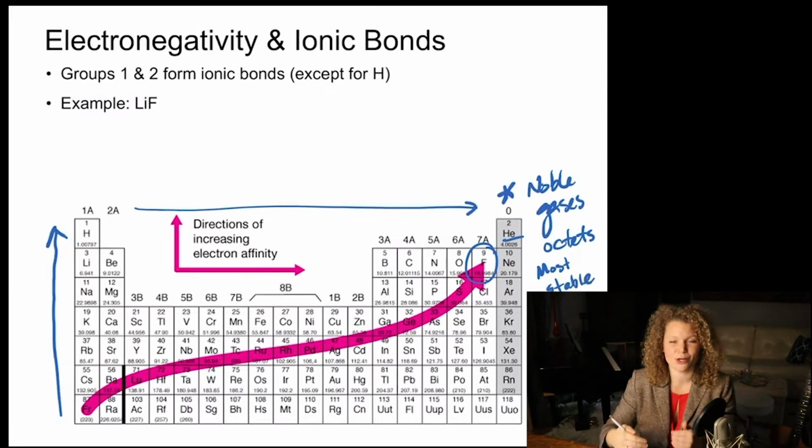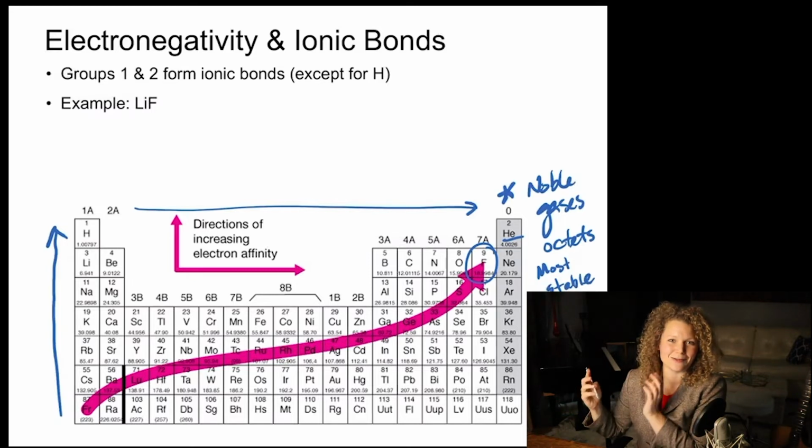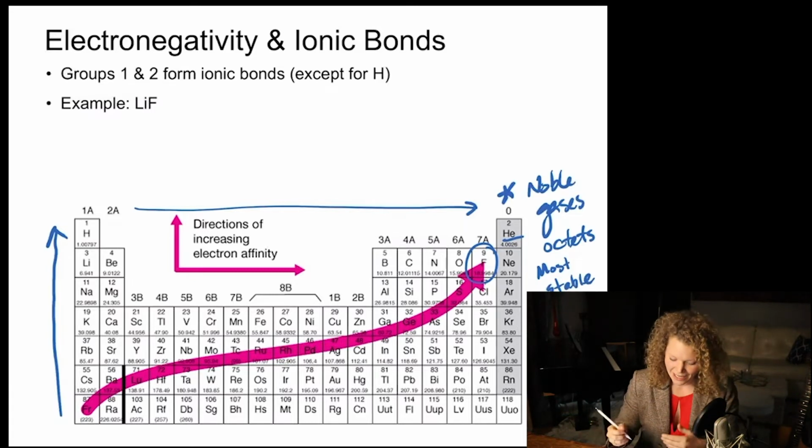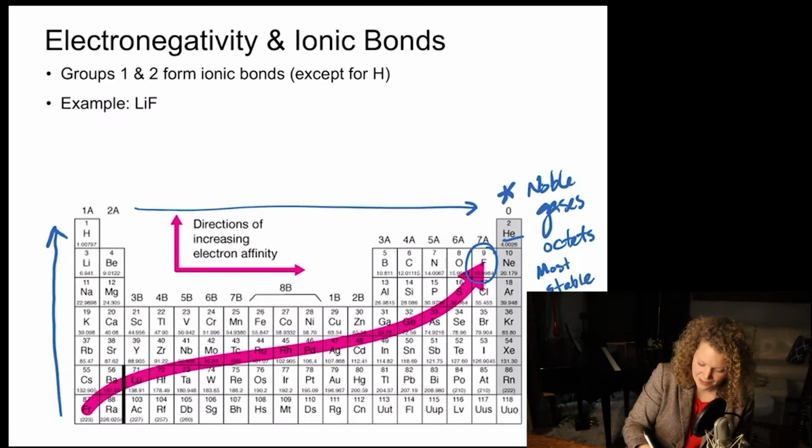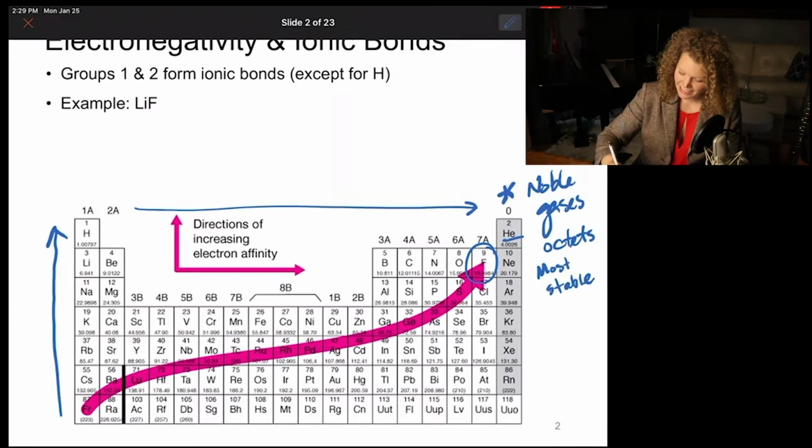The reason this trend exists is because all of the atoms are kind of trying to get to be like the noble gases. So if we take, for example, lithium fluoride, and again, like I said earlier, fluorine is the most electronegative.